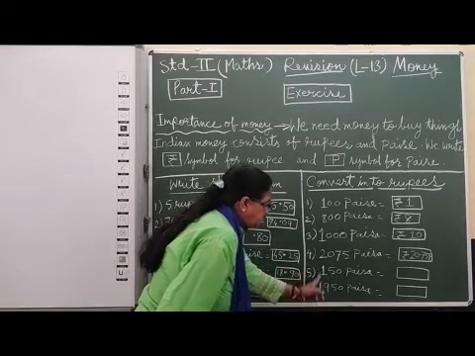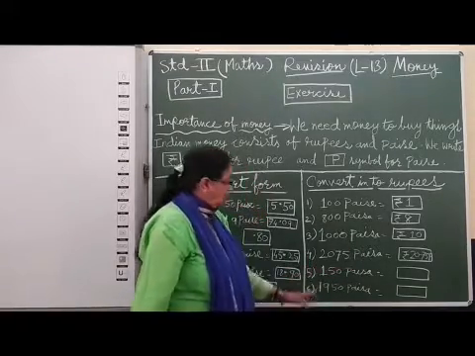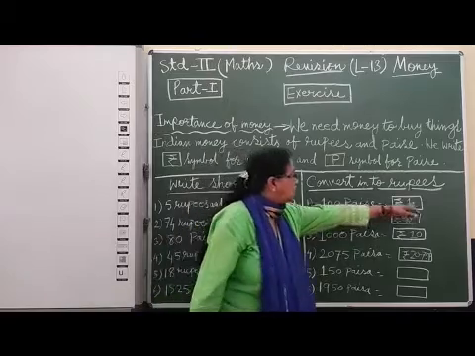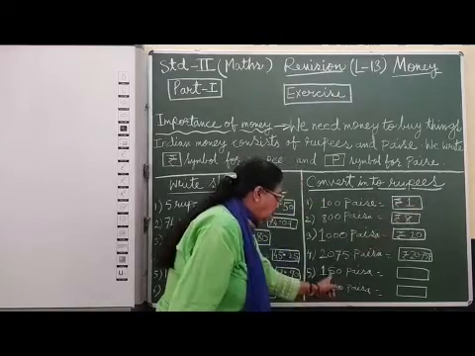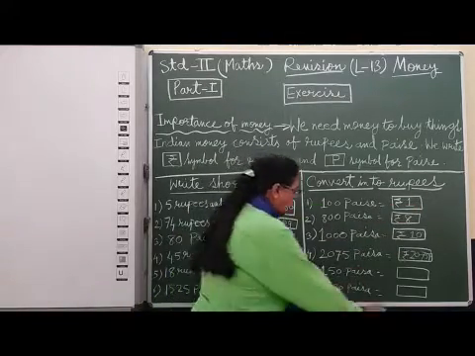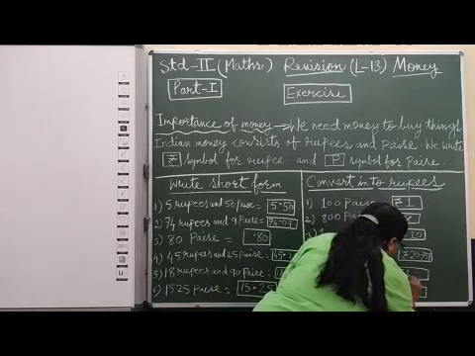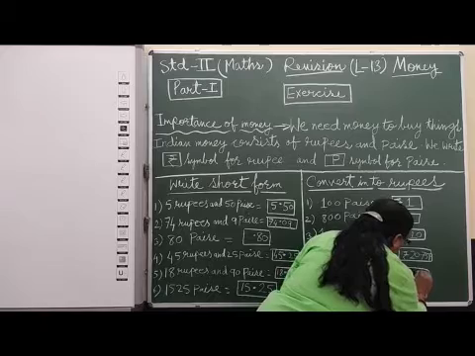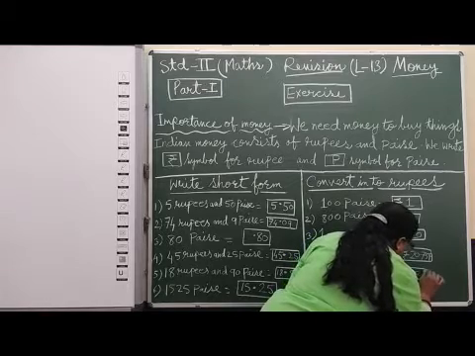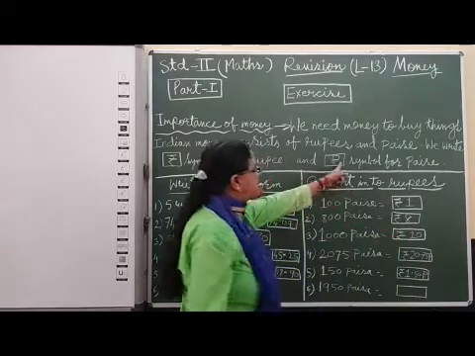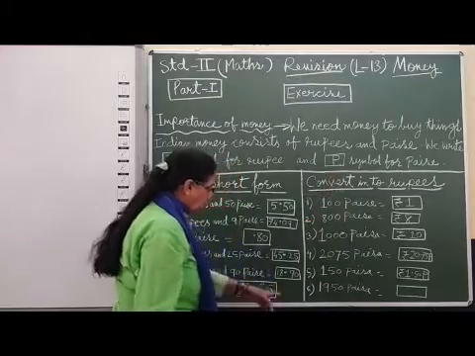Same way here, 150 paise. Now 100 paise is equal to 1 rupee, and then 50 paise. So we write here 1 rupee, then point, 50 paise. We are using the short form.